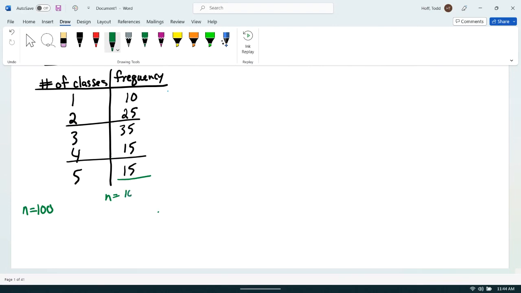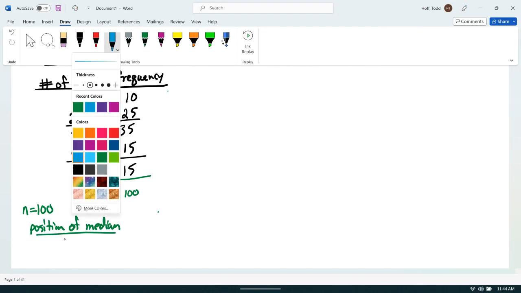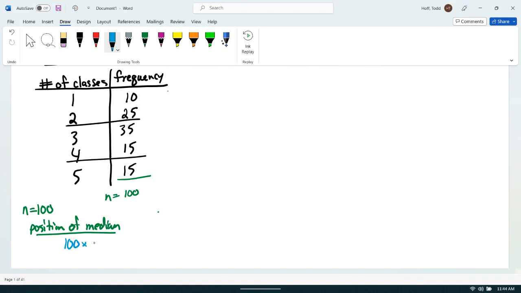It does. Since n equals 100, the position of the median is going to be at 100 times 1/2, or 0.5, which is 50. Remember, it says the 50th percentile. Since that is a whole number, that means it's between the 50th and 51st.